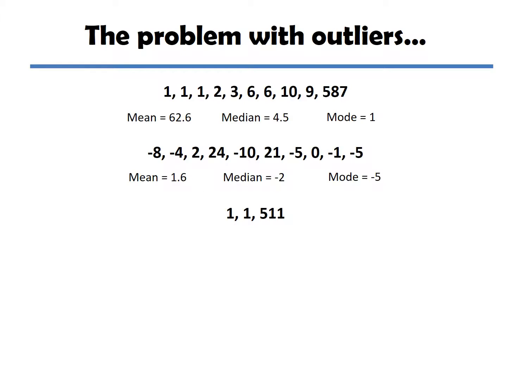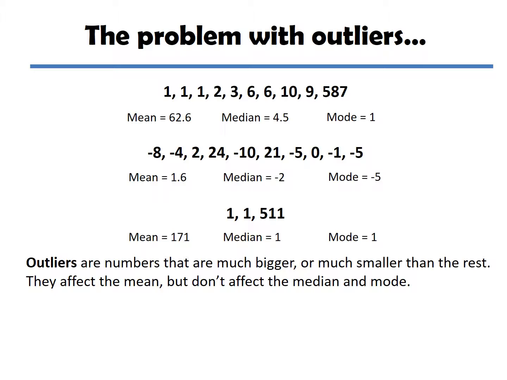Over here, however, things are a lot more similar. And over here, well, this is a very exaggerated case, but the mean is 171. That's huge. So essentially, the idea is that sometimes when I have some piece of data, there's one element or a couple of elements that are so much bigger than the rest that they're just called outliers.